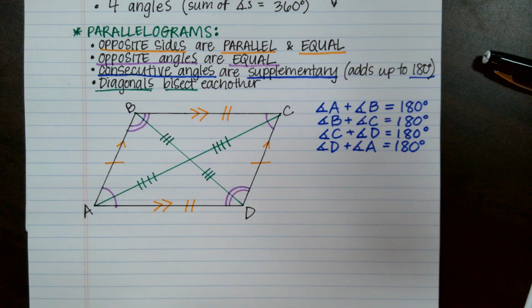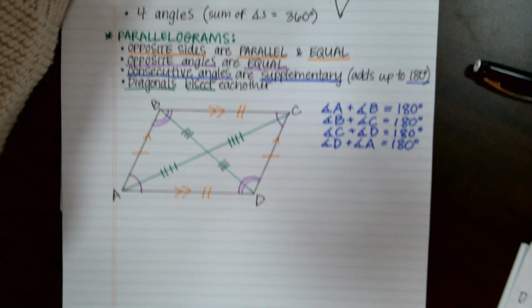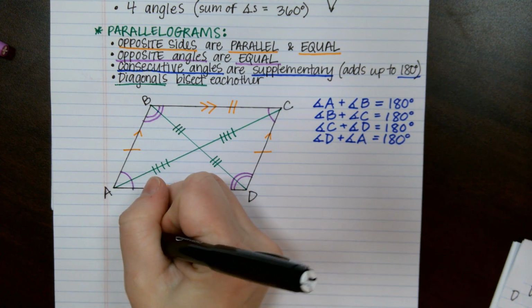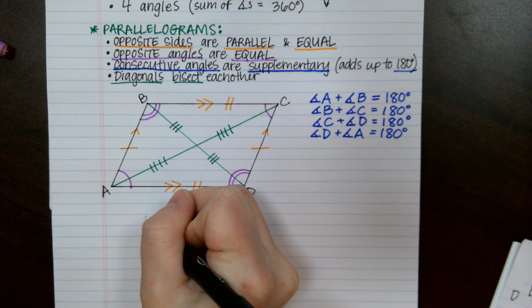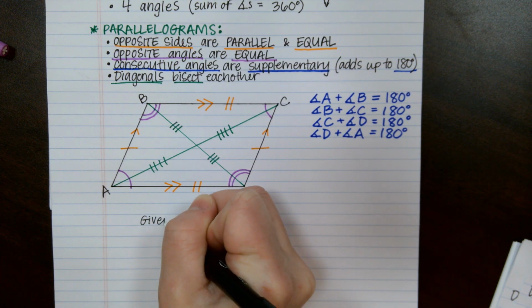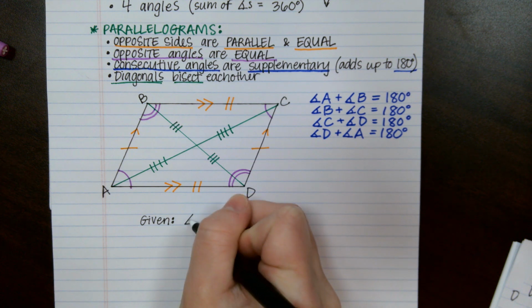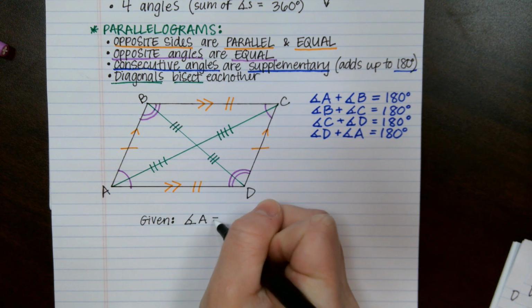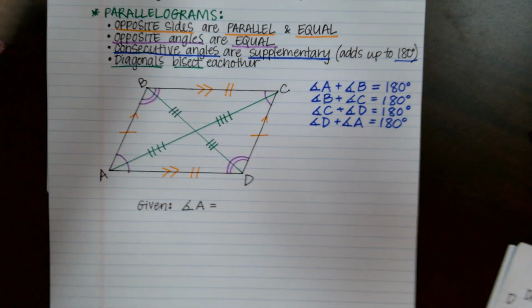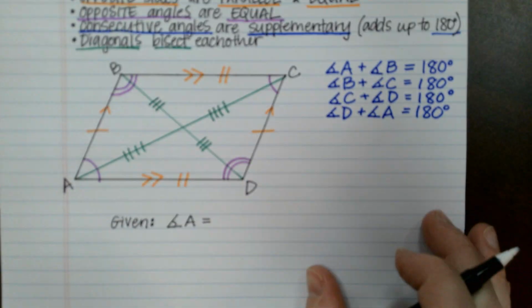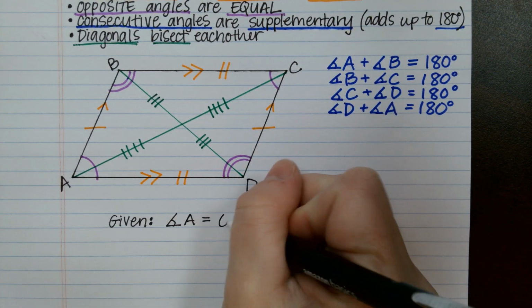So let me give you an example problem, because I think knowing this information, y'all know how to do this. Let's say that you are given the measure of angle A, and I tell you that it is 60 degrees.